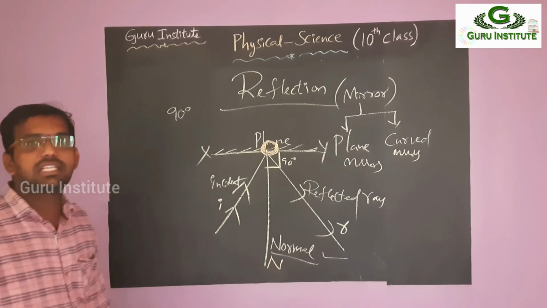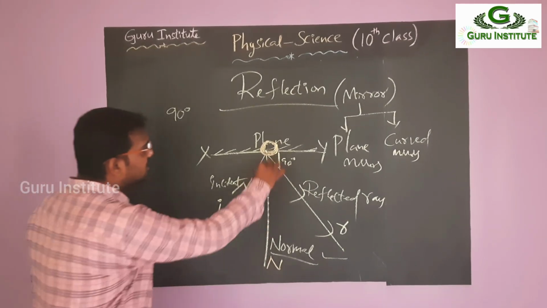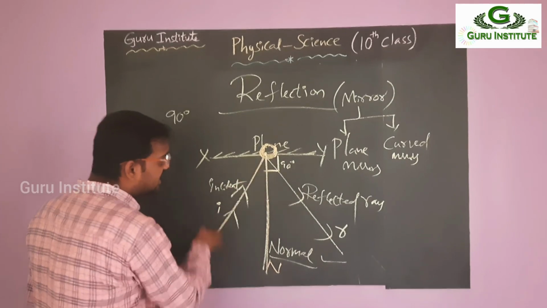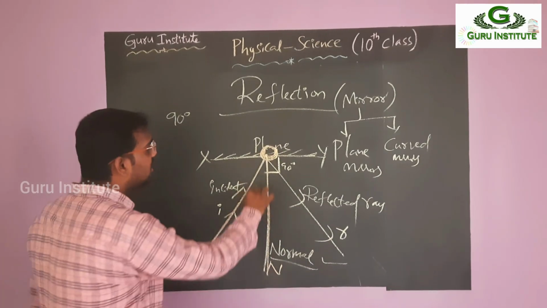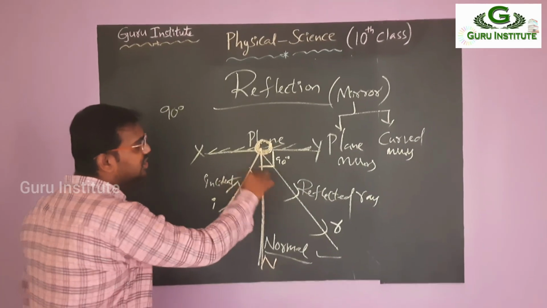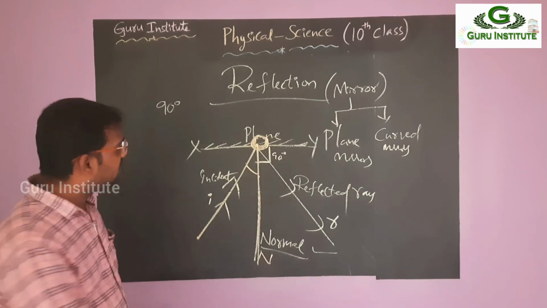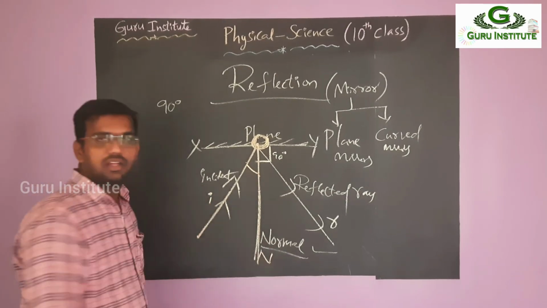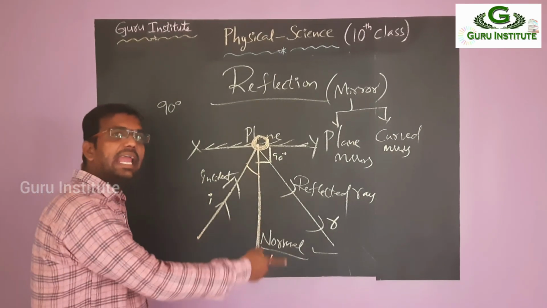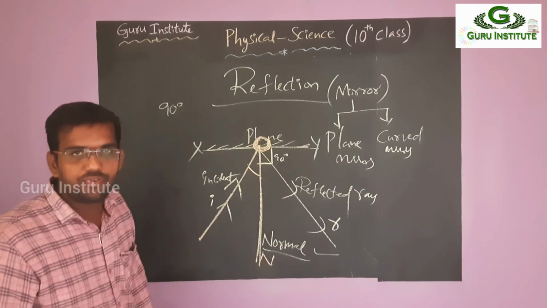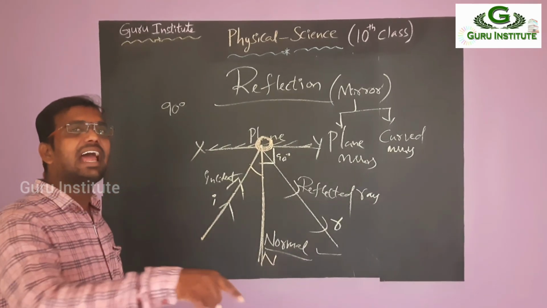Suppose you measure the angle between this normal line and this incident line. The angle between incident ray and normal is called the angle of incidence, or incident angle.